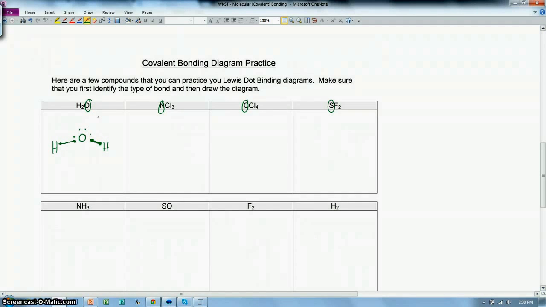A bigger example here is carbon, with its 4 valence electrons, and then chlorine with its 7. We have 4 chlorines, as you can see here. Obviously carbon, there's only one of them, so the carbon goes in the middle.